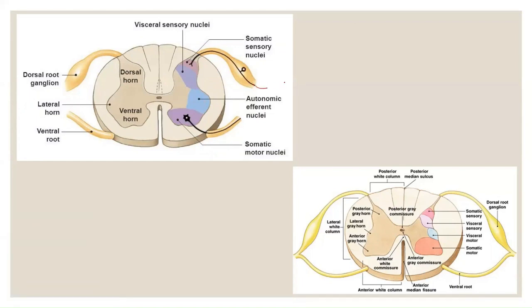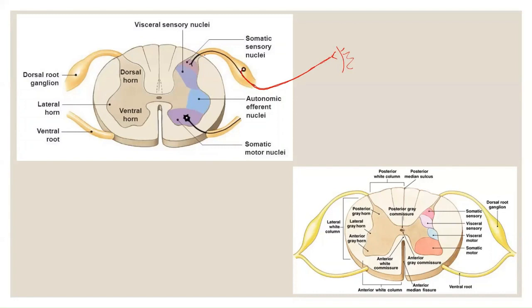So if you feel a sensation from the skin here, this is the first nerve that feels it, right? So from this dendrite, it takes in the information, and here in the posterior root.